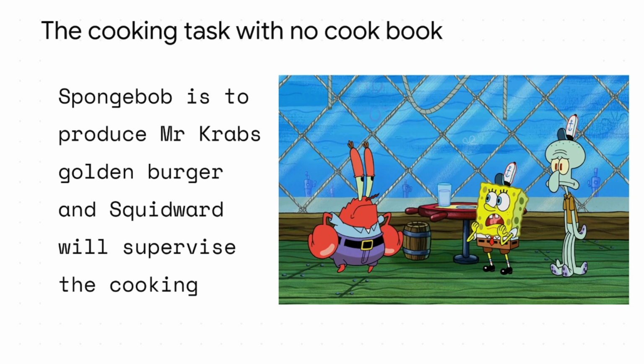So he's going to learn to generate this new burger by himself, and it has to taste exactly like Mr. Krabs' golden burger. He has never done it before, and he doesn't have a template or a cookbook. And Squidward, the supervisor here, which is the discriminator, would supervise SpongeBob's cooking.